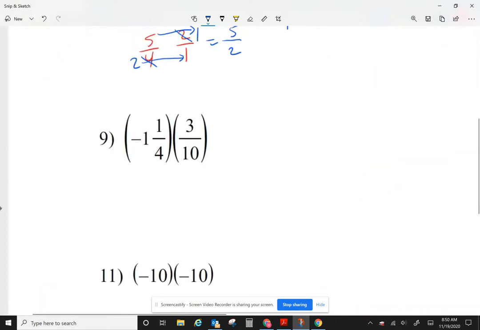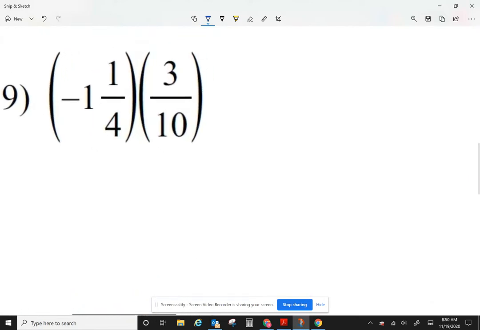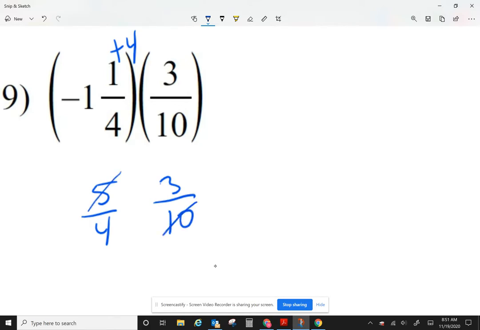All right, let's take a look at question number 9. Now let's deal with smaller numbers. So I'm going to go 1 times 4 is 4, and that's what I'm going to add to the top. So my first fraction is 5 over 4. My second fraction is 3 over 10. Simplify if possible. 5 and 10, I'm going to divide each by 5.